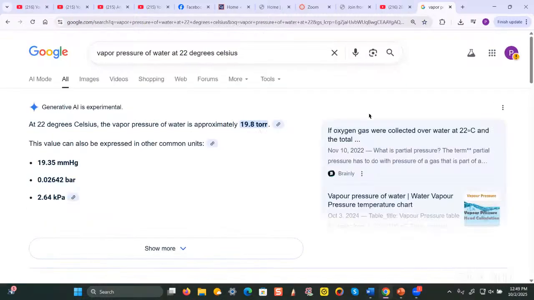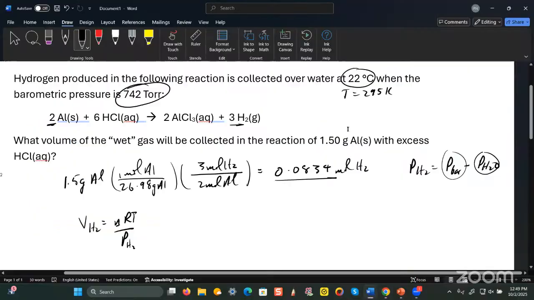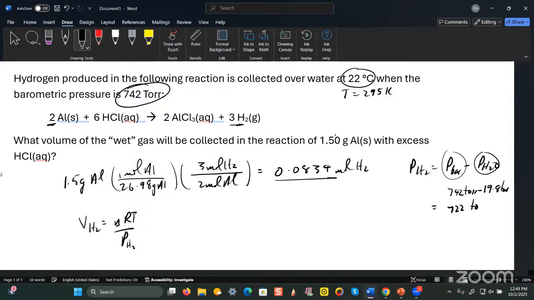It would be 19.8 millimeters mercury, or torr. So that would go here, 19.8 torr. And the barometric pressure is given as 742 torr. So this would give 742 minus 19.8, which is 722 torr. All right, so that would be the pressure that you're going to use here.